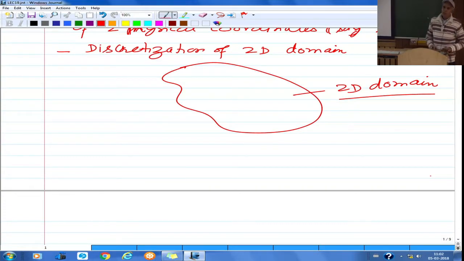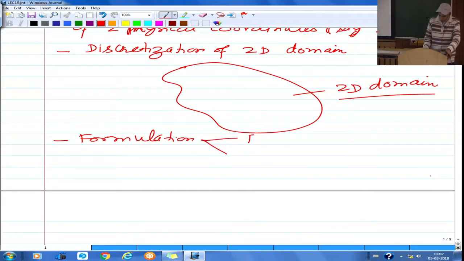Nevertheless, it is also possible to formulate the problem in physical coordinates. In some restricted sense the formulation can be in physical coordinate space. Of course, the general formulation would be in natural coordinate space. So the formulation here is in physical coordinate space.